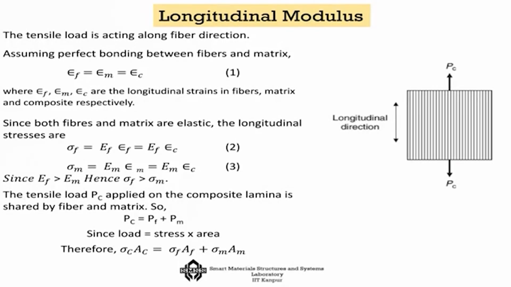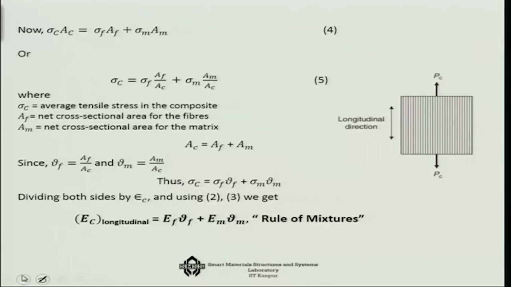And your PC is nothing but sigma C AC. So, if I work on this whole thing, where do we reach? We see that sigma C AC is sigma F AF plus sigma M AM, which means sigma C is sigma F AF by AC plus sigma M AM by AC.